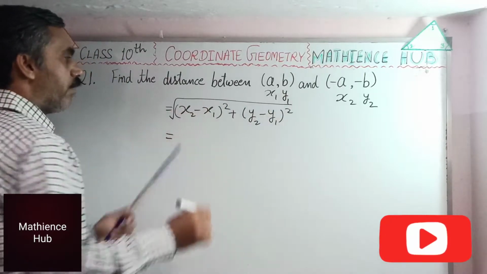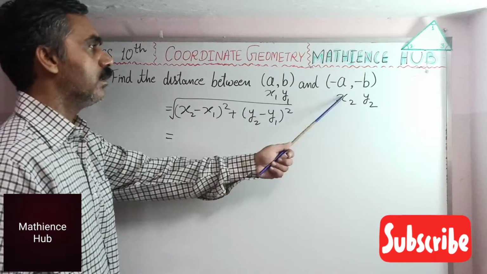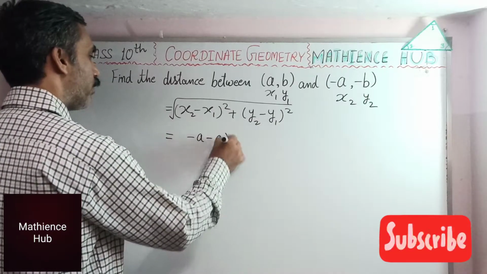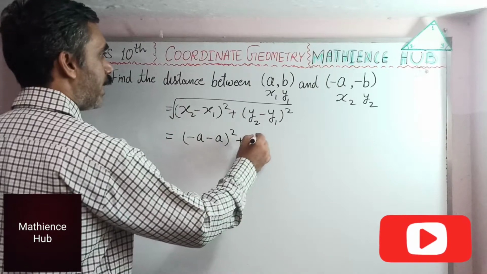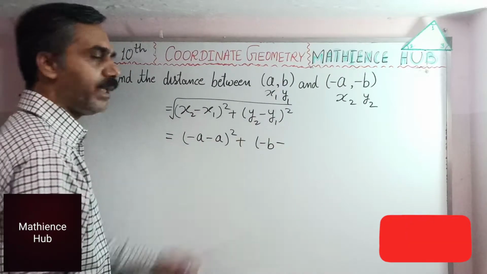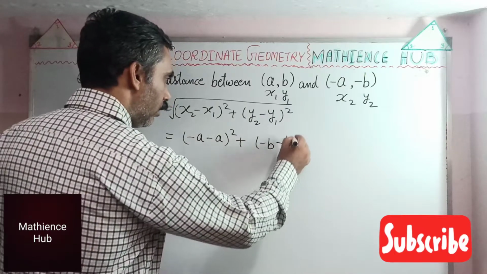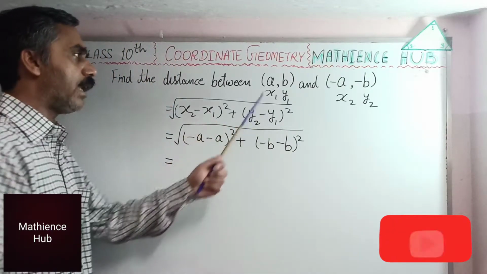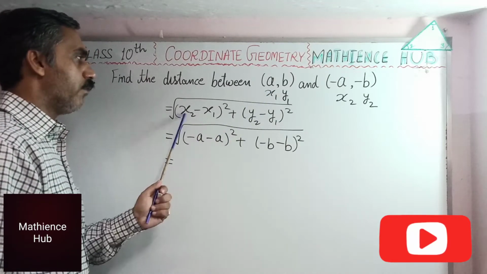Put the values: x2 is minus a, x1 is a, and y2 is minus b, y1 is b. When we put the values, we see very carefully and put them in the formula.